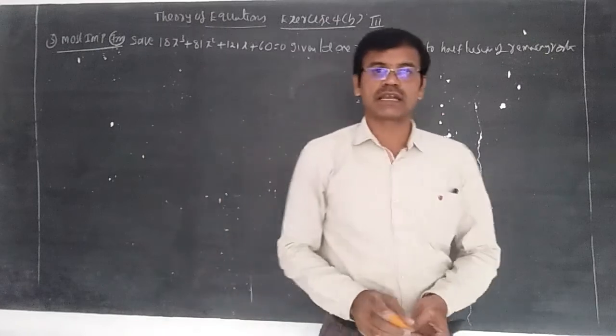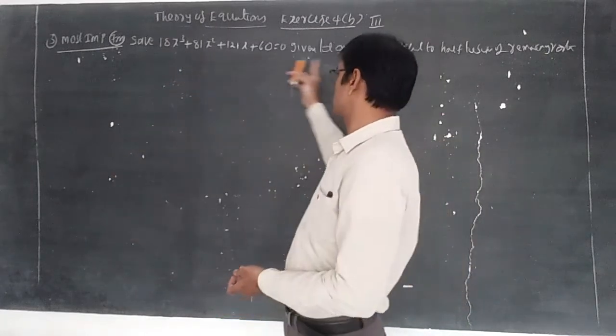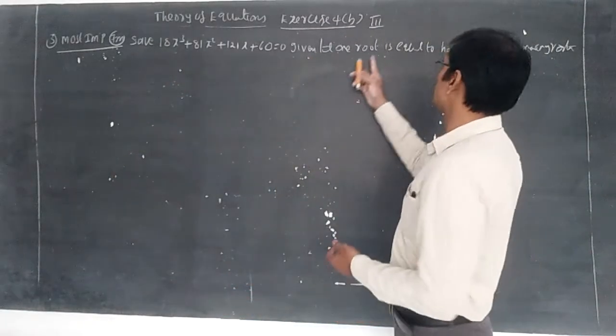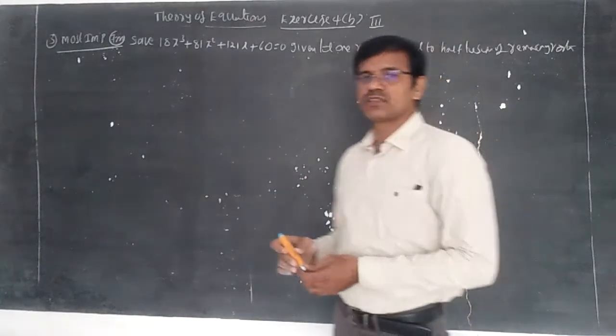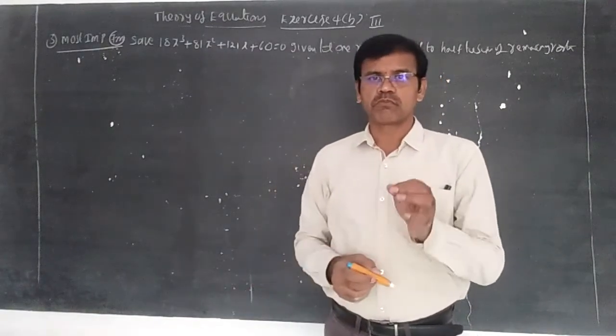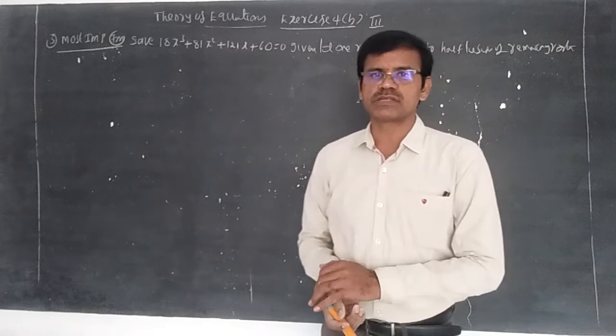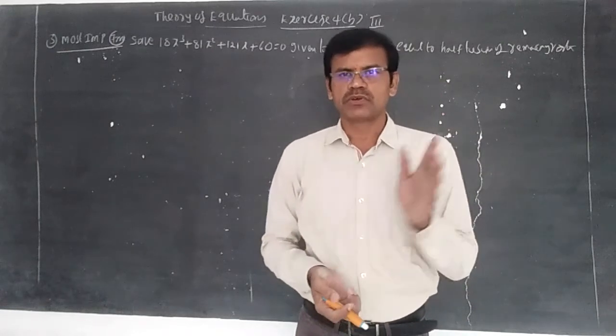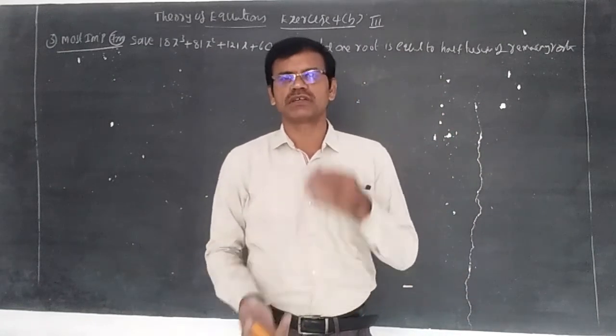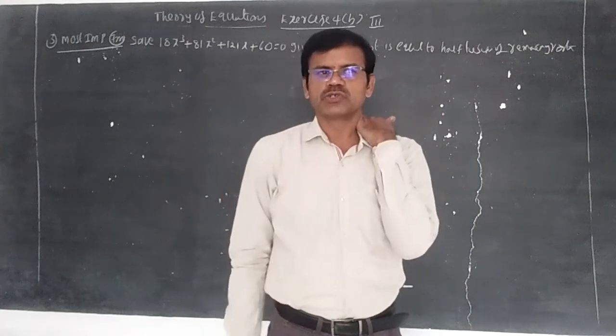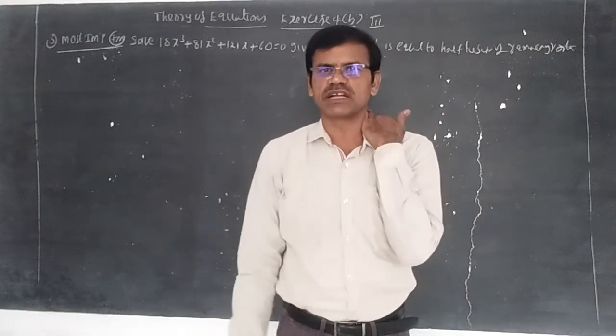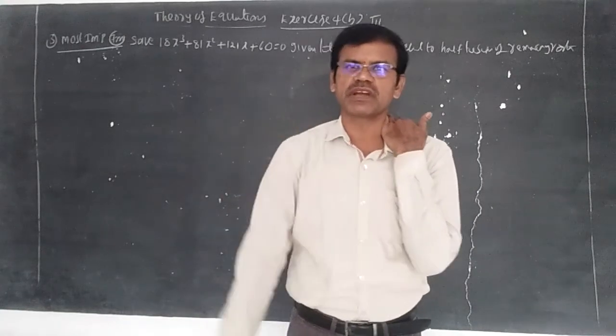You can understand the condition of the given question: one root is equal to half of the sum of remaining roots. So beta is equal to alpha plus gamma by 2. You take cross multiplication, 2 beta is equal to alpha plus gamma. So 2b is equal to a plus c concept. So it is nothing but the AP condition.